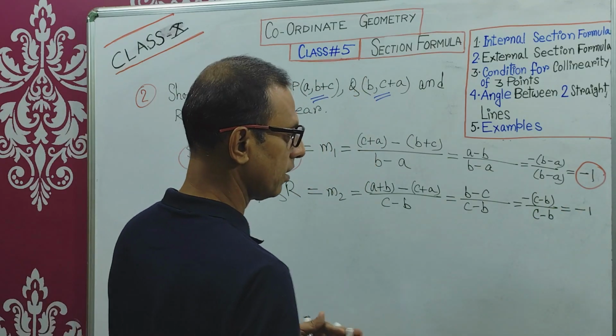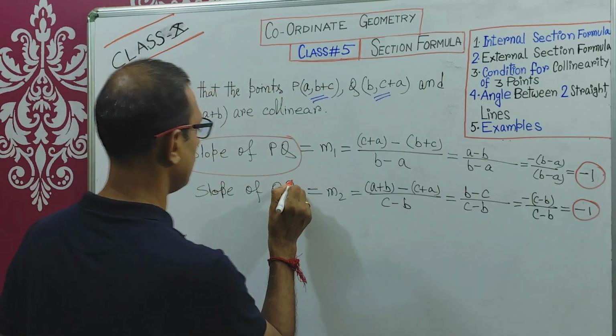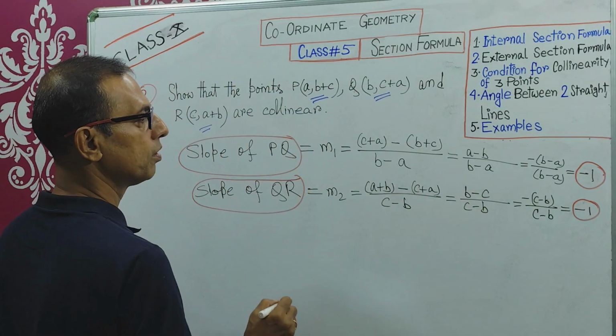That means the slope of QR is also minus 1.